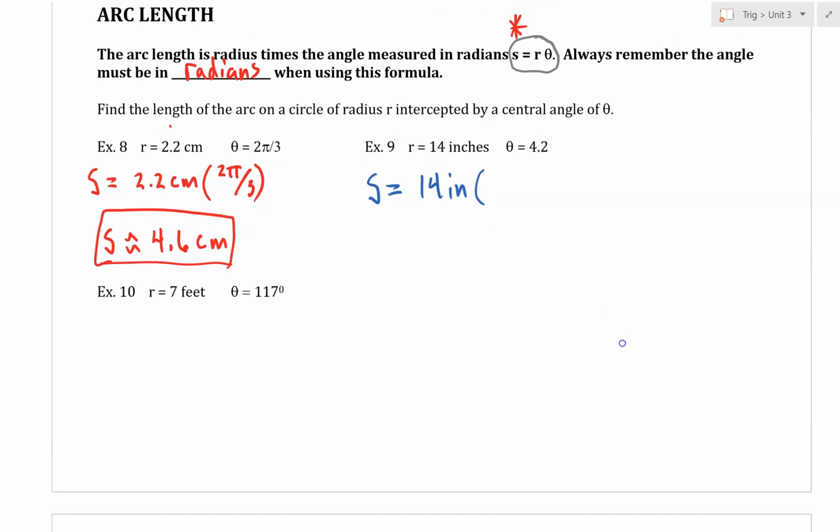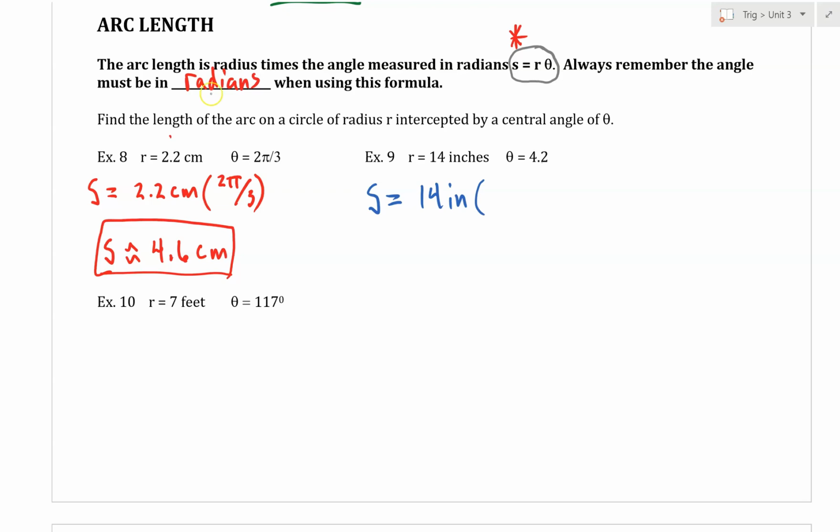Keep in mind, the angle must always be in radians if you're going to use this formula. This measure doesn't have a pi value, but 4.2 is in radian measure. It's just telling me how far around the circle I'm going. Instead of saying 2 pi over 3, we could have done the work and given an answer. That's all this is saying.